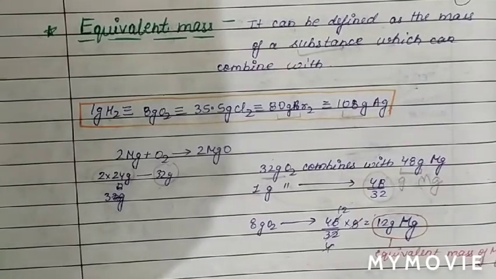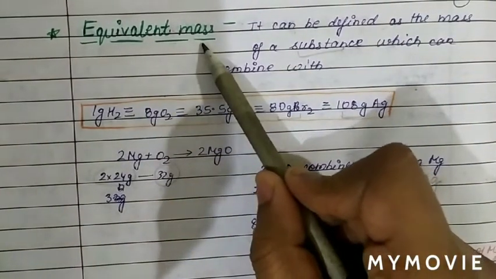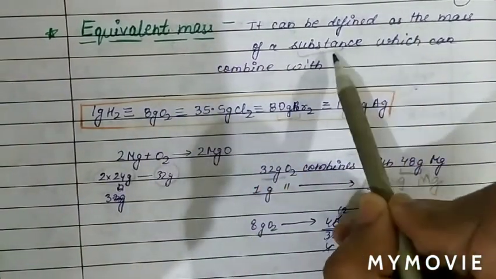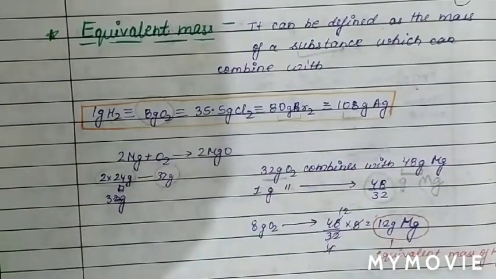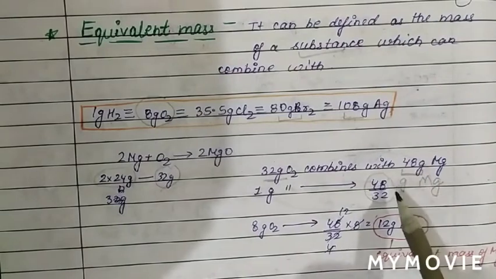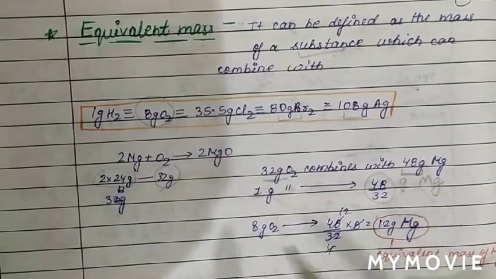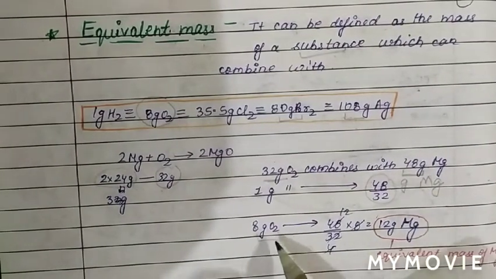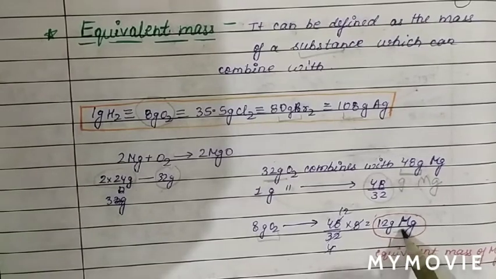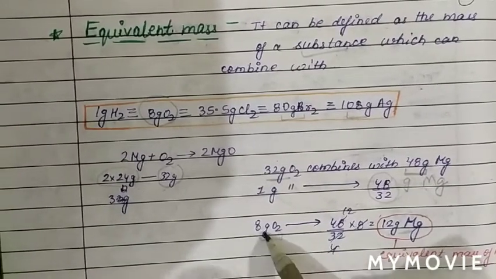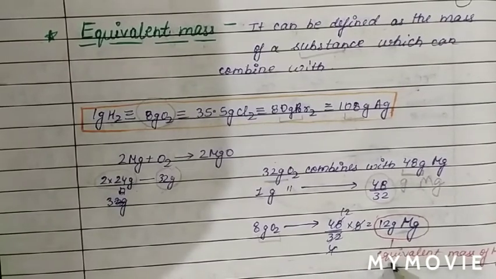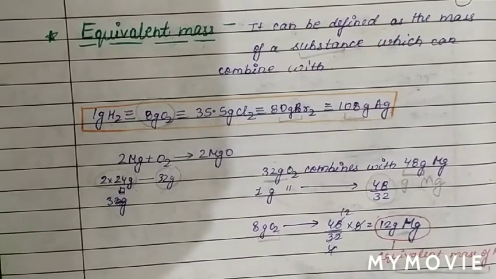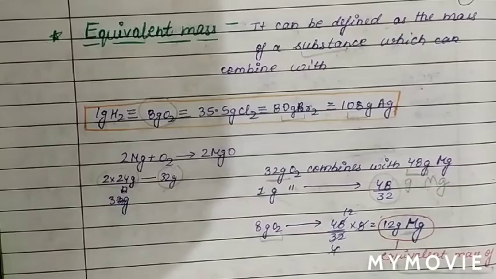Now according to the definition of equivalent mass, it is the mass of substance which combines with 8 gram of oxygen. Now 8 gram of oxygen will combine with how much? 12 gram of magnesium. So this is the equivalent mass of magnesium with respect to oxygen.